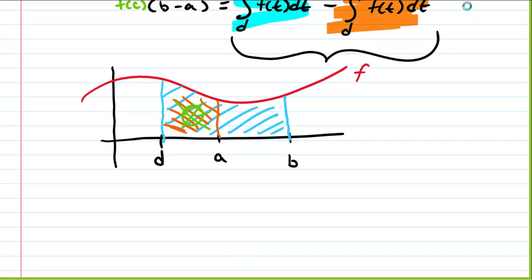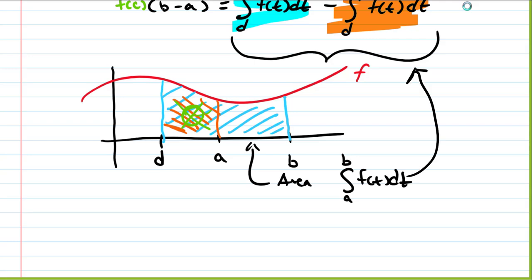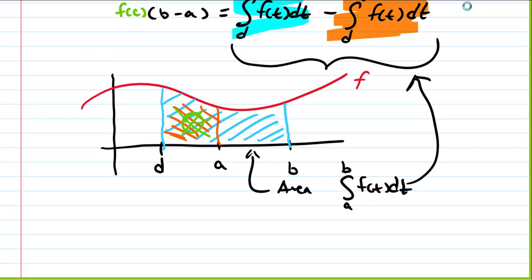So then this area right here is the integral from a to b of f of t dt, right? Because we subtracted off those two bottom intervals. So that's what we're going to get here. So putting all of this together, we get f of c times b minus a is equal to the integral from a to b of f of t dt.